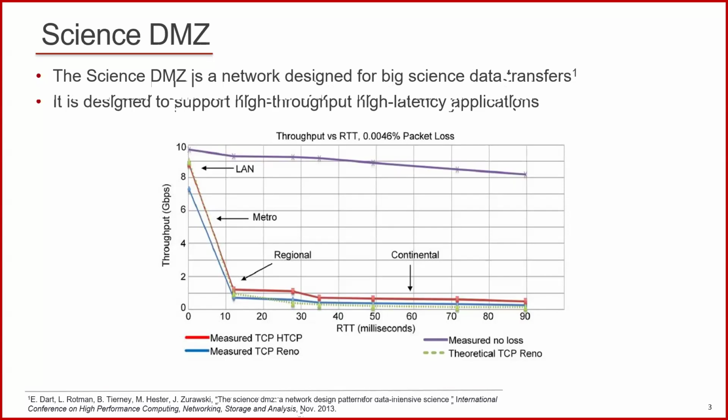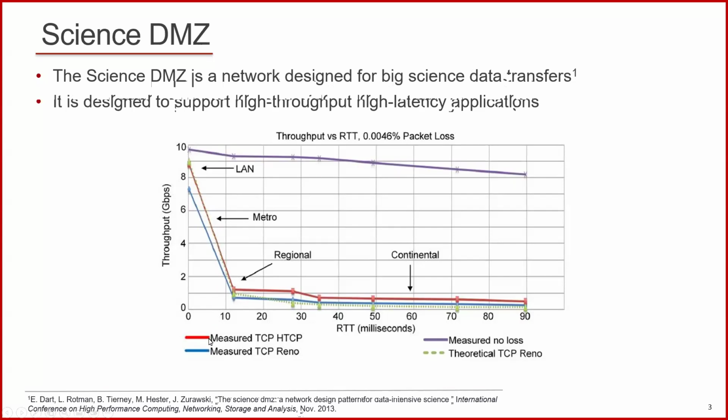In this graph on the y-axis, we have the throughput in gigabits per second. On the x-axis, we have the RTT, round trip time in milliseconds, and we are depicting the relationship between the throughput and the RTT for some of the congestion control algorithms. The purple line shows the throughput when there's no packet loss.